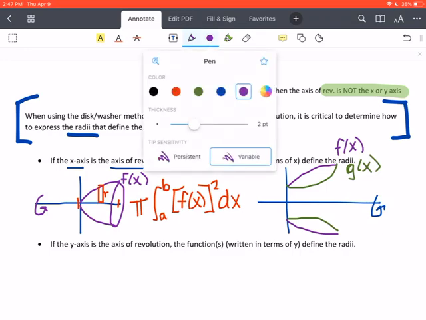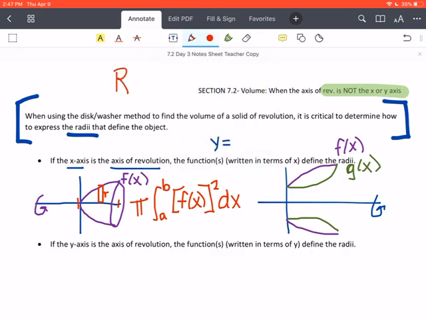Big R is considered the outer function, or the further away function, and little r is considered the inner function, or the closer function to the axis of revolution. So you've got to draw the picture. There's really no way around it. You've got to graph it. Now, our axis of revolution is still the x-axis, so I'm looking at what's going to be the longer of the 2 rectangles when I put them side by side.